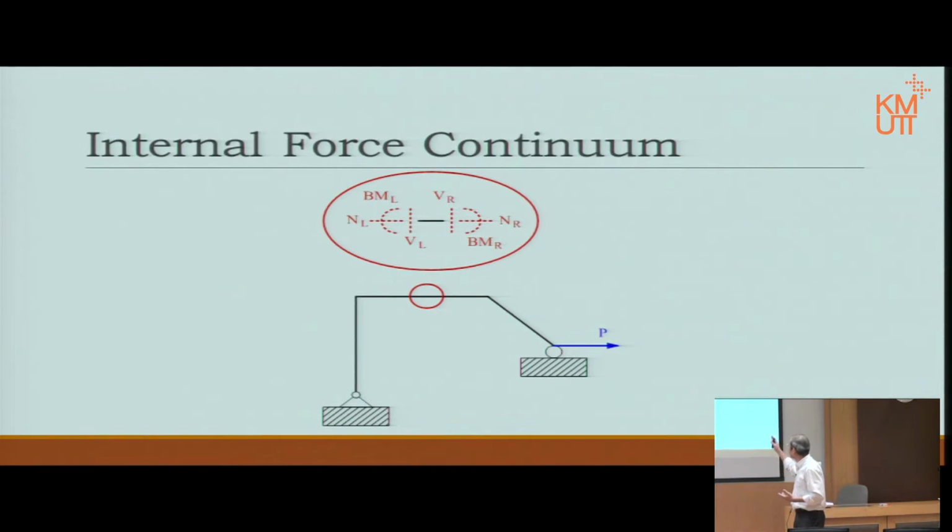I'm so sorry, that is not a line though. In fact, it should be just a dot. That line has no length per se, so it's looking at one point. Then the axial force on the left hand side and right hand side will be equal and opposite. The bending moment would be the same argument.